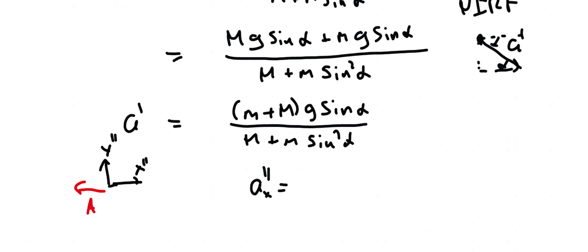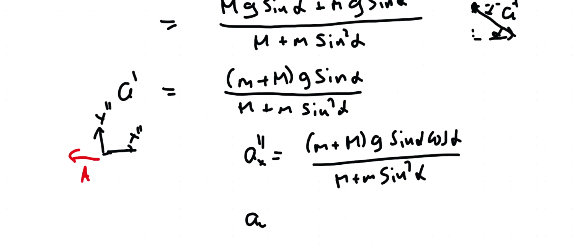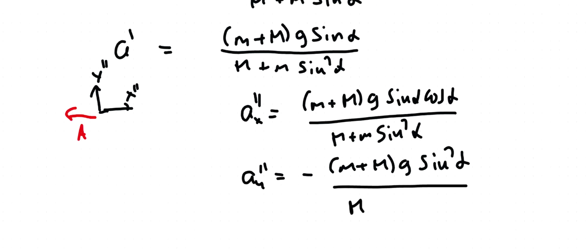That's capital M plus m, g sine alpha cosine alpha, and we divide it by capital M plus m sine squared alpha. So all I did is multiply A prime by cosine alpha. And then I also have a y double prime, which is actually minus capital M plus m, g sine squared alpha divided by capital M plus m sine squared alpha.